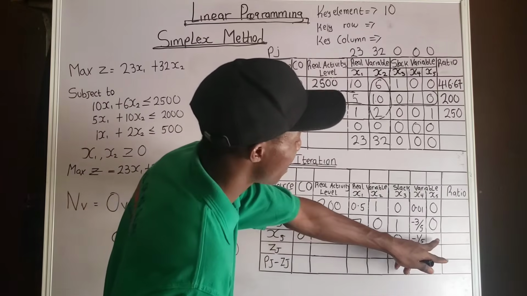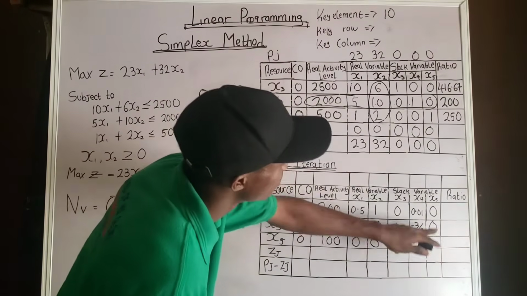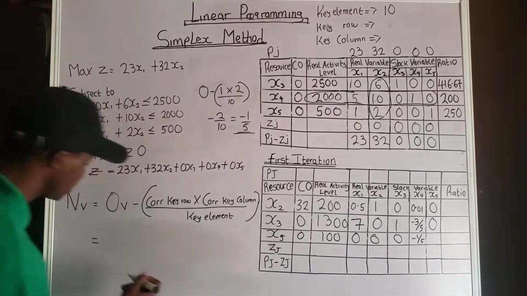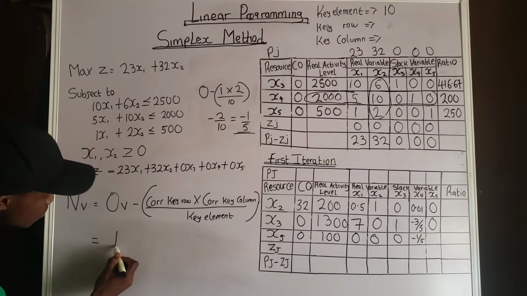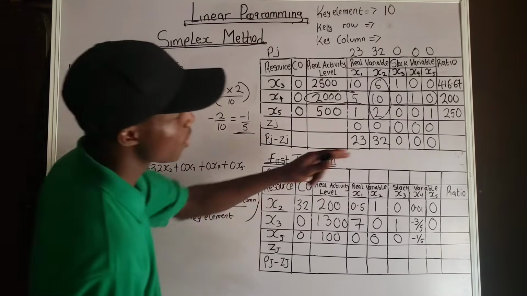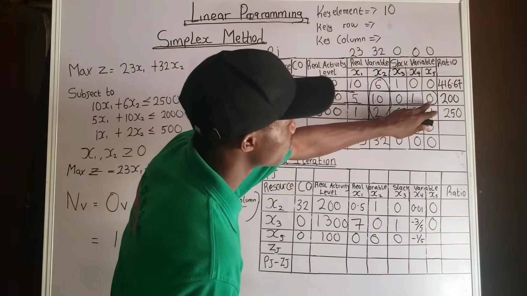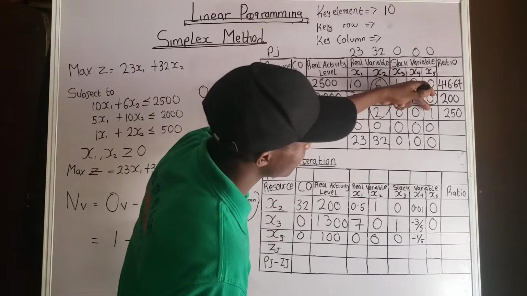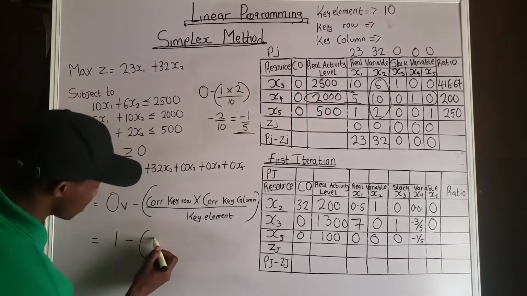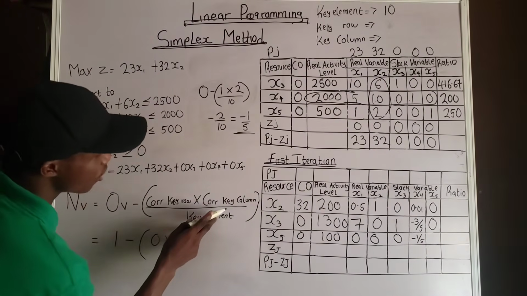Now let us get the new value of these cells. Don't forget that the old value of these cells is what? 1. So using the same approach, I'm going to have the old value, which is 1, minus the corresponding key row element. I'm going to trace it from this 1 to the key row element. The key row element that corresponds to 1 is what? 0. So I'm going to have 0 multiplied by the key column element.